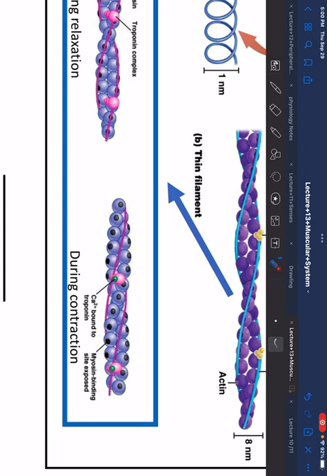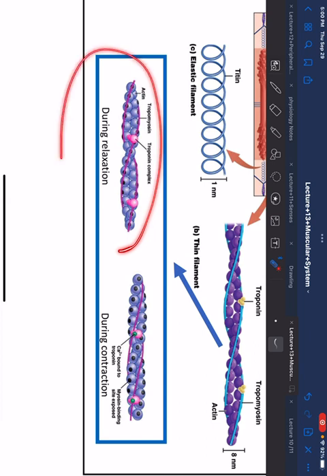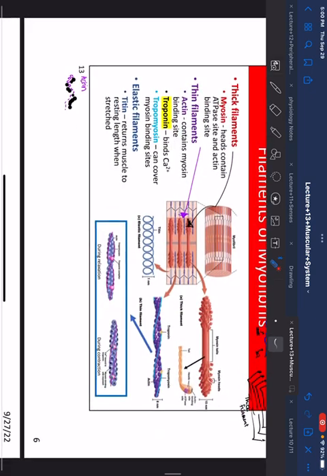And thus, the myosin head would be able to interact with the actin here. But during muscle relaxation, what happens is the tropomyosin cable covers up those black binding sites, thus not allowing for muscle contraction. So right now we're just talking about the anatomy, but later on we'll put all these pieces together and describe how it works to allow for muscle contraction and muscle relaxation.